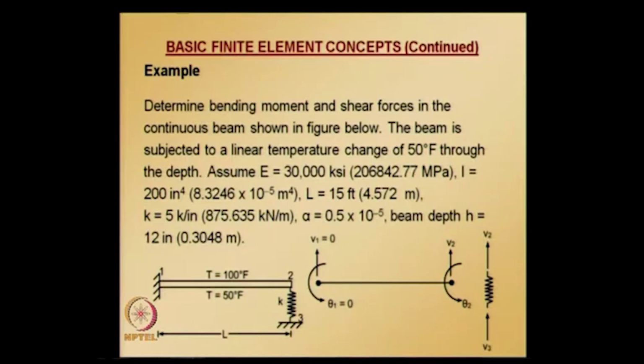So we need to calculate what is MFT. MFT is the fixed end moment because of the temperature change, and that can be computed using the EI value and also the temperature change, 50 Fahrenheit, the alpha coefficient of thermal expansion, and the depth of the beam, which is also given there. So using these values we can calculate MFT.